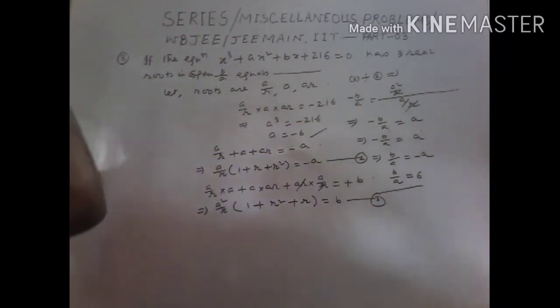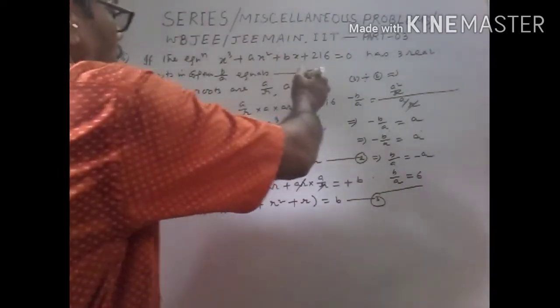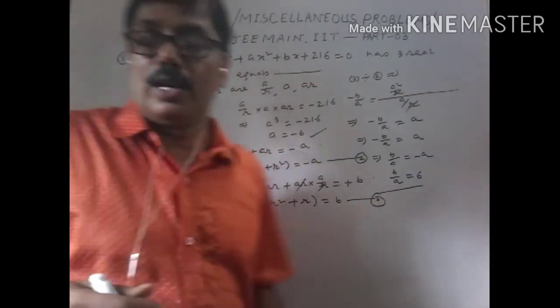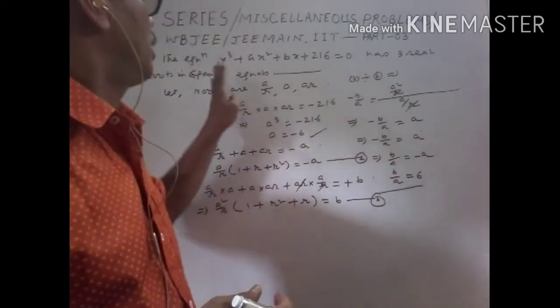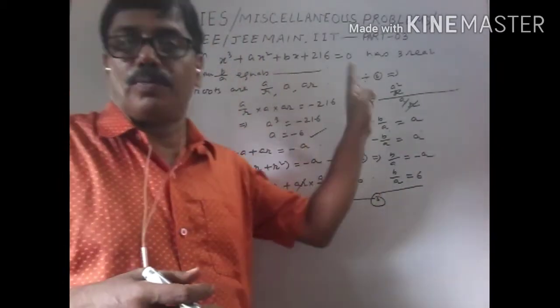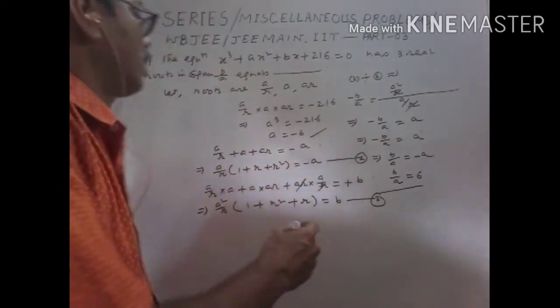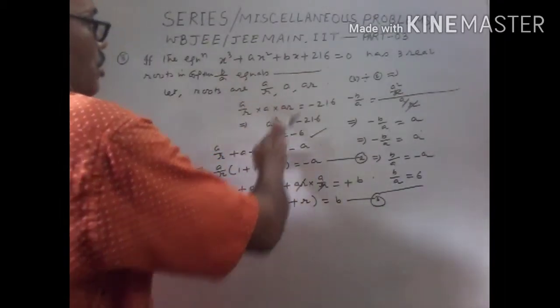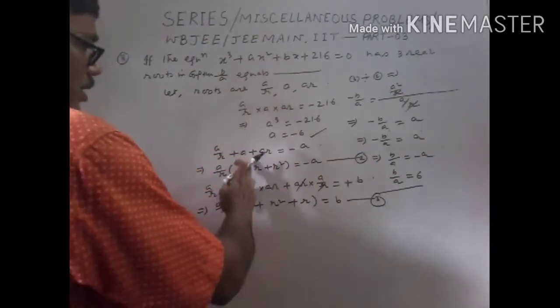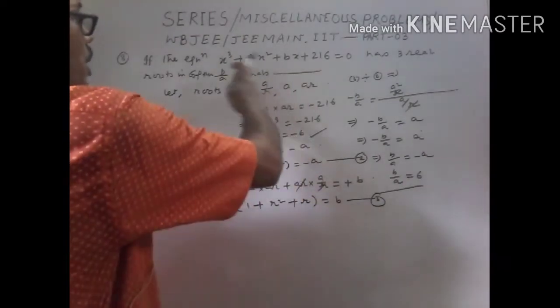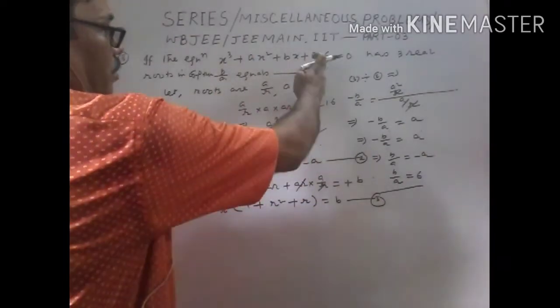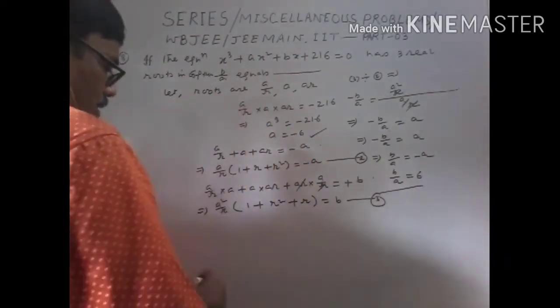So this is also a very simple problem. This is actually a problem of theory of equation. Sum of roots is minus a. Product of roots we are taking at the beginning, so this is minus 6.